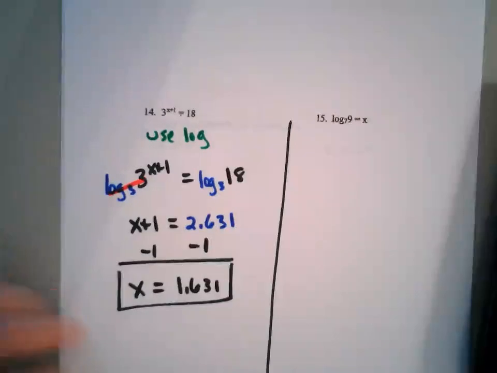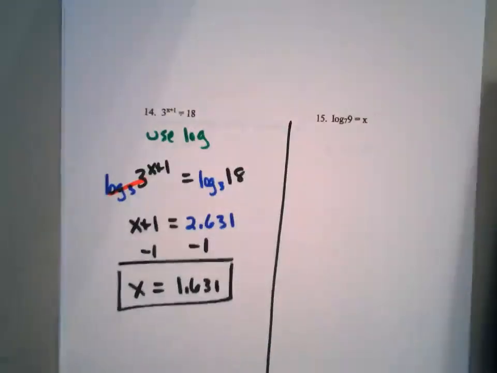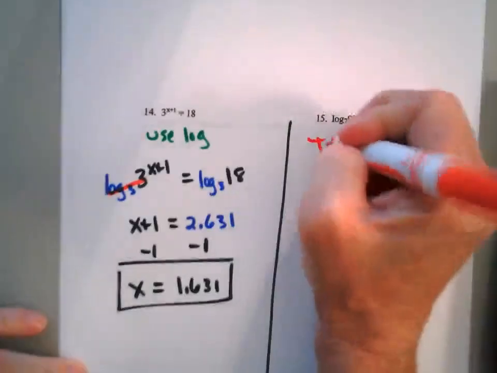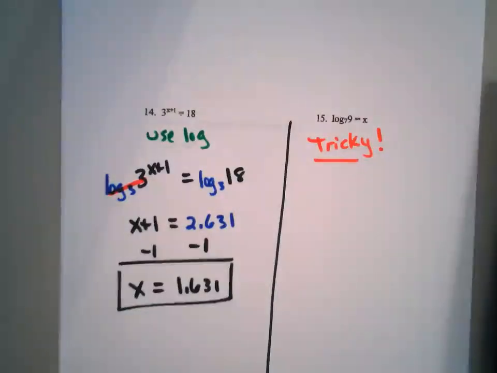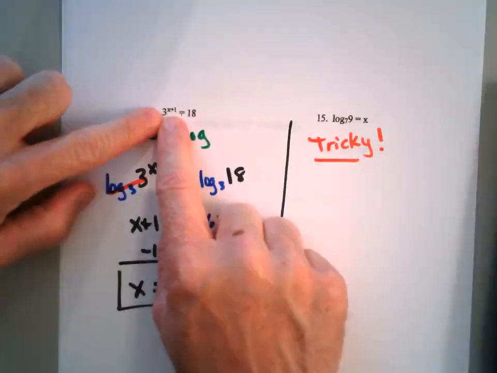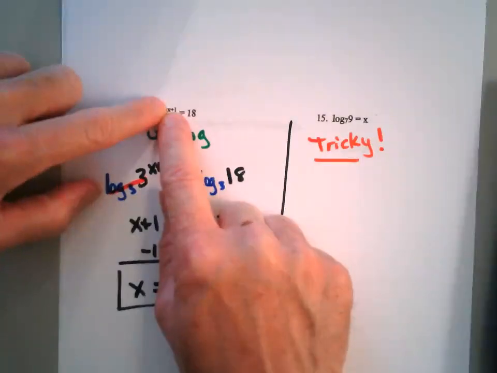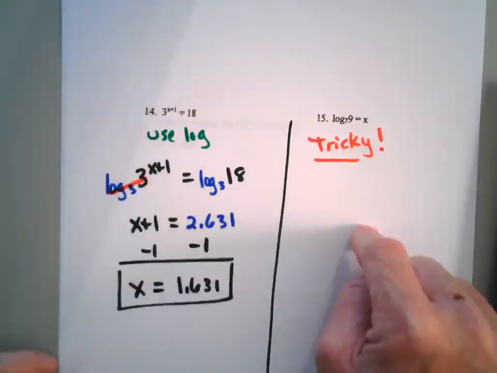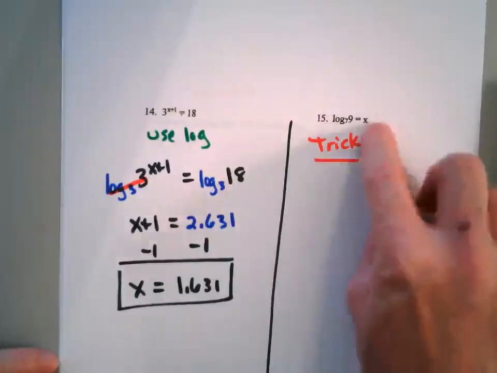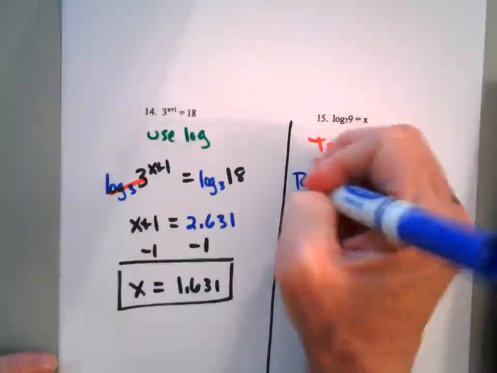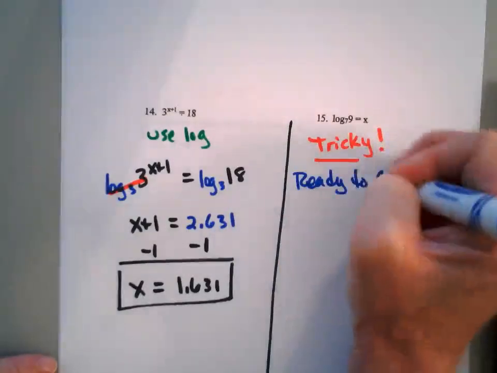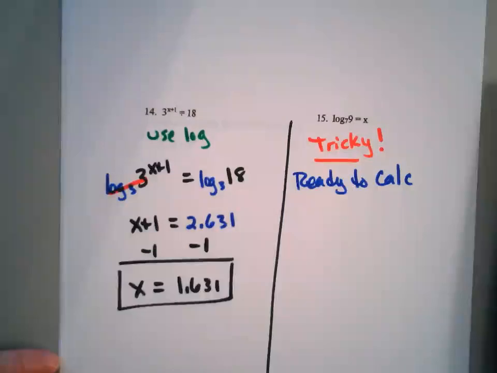Now, number 15 is a very tricky question. And you know, when you look at number 14, our goal was to get that little x right there by itself. Well, number 15 gets people every single time we show them because x is already by itself. So this is ready to be calculated. I get people trying to rewrite this when all you need to do is plug and chug.